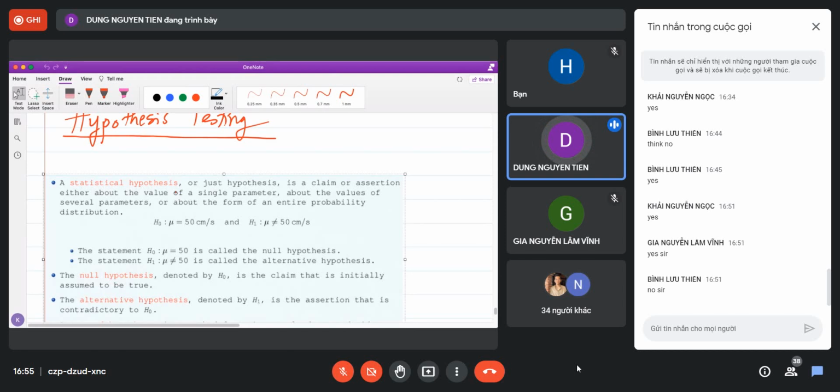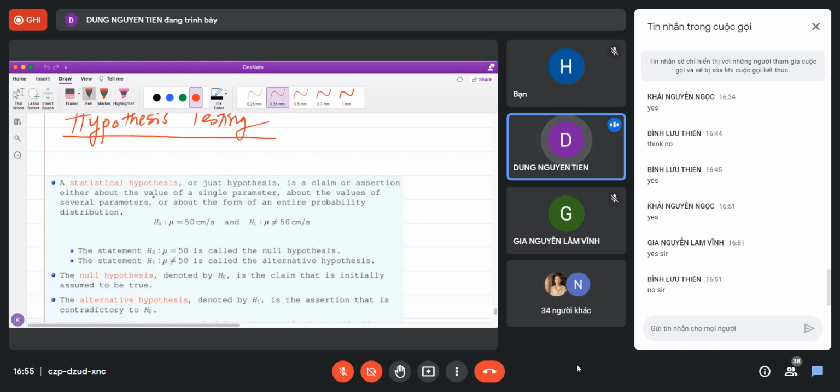And the alternative hypothesis, denoted by H1, is the claim which is the opposite statement of H0, so it contradicts the null hypothesis.